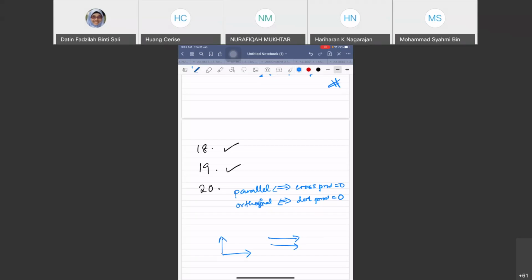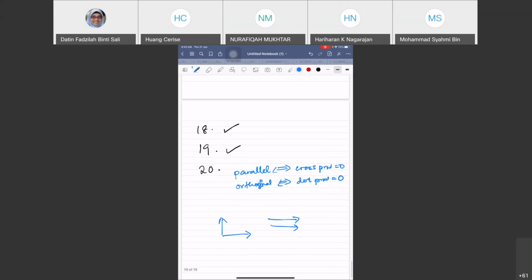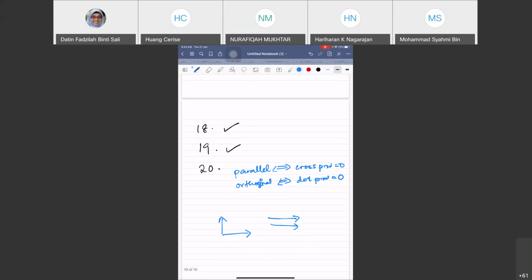So that means if you have such a question like question 20, what you need to do is first find either the cross product, or perhaps the dot product. You try that one first. Let's say you start with the cross product.